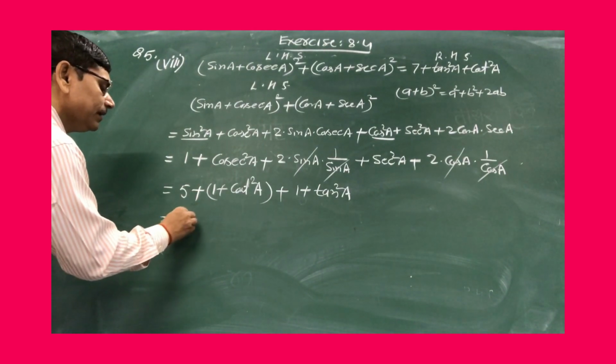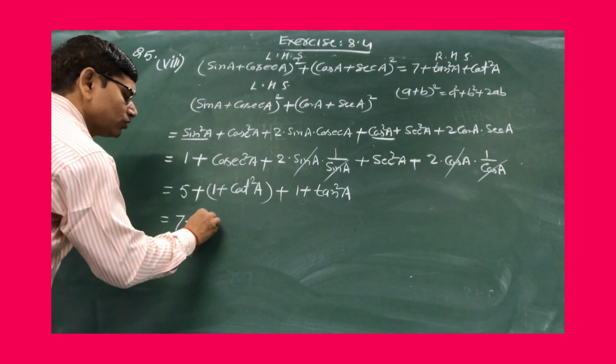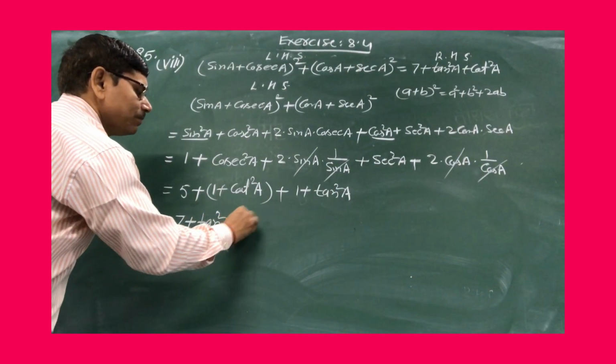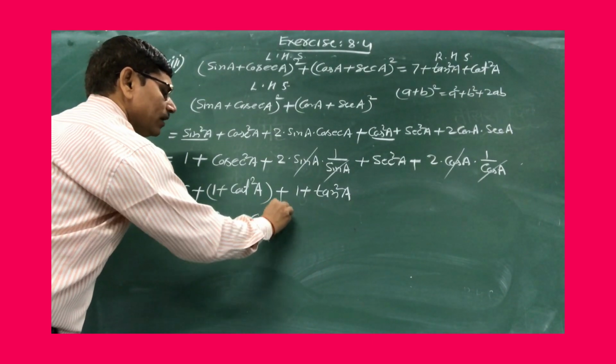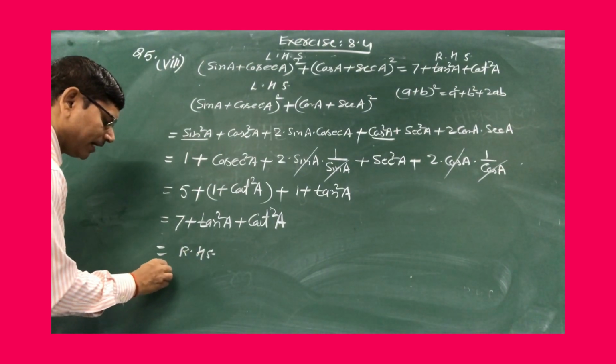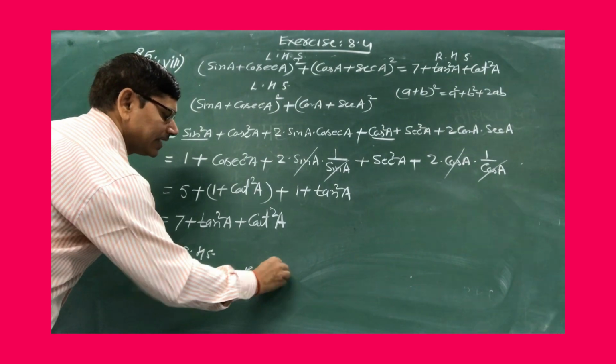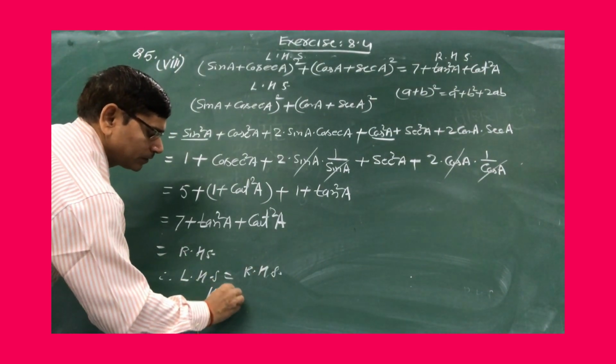This is 7, plus tan square A plus cot square A. Yes, so you arrange the term tan square A first of all. Tan square A plus cot square A. And here this is the right hand side. Finally you can write that left hand side equal to right hand side, hence proved.